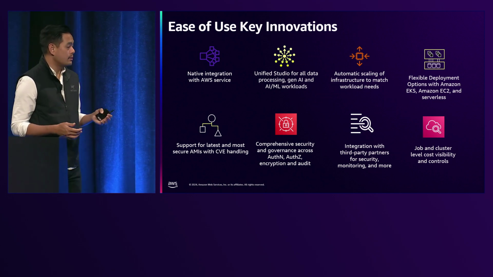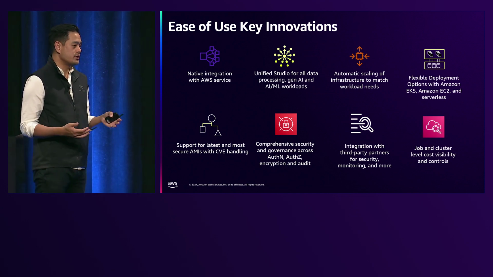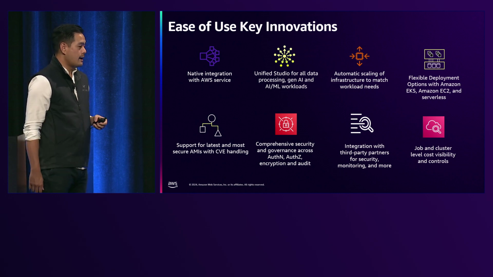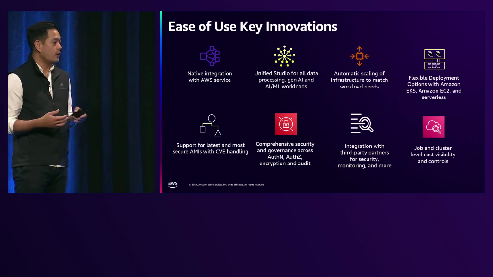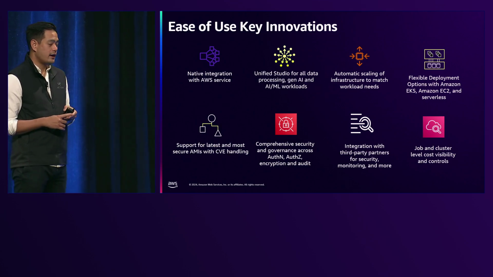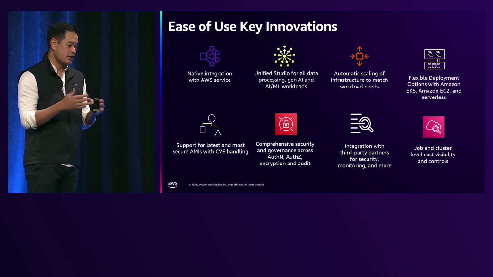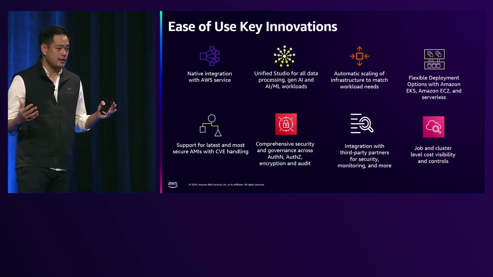So for example, making sure that our native integration with your orchestration system or your observability system is seamless. In Matt's keynote, he also talked about a unified studio for all data processing, Gen AI, AI/ML. Prior to that, you'd have to stitch all these different pieces together, but now you have one place for all your data needs.